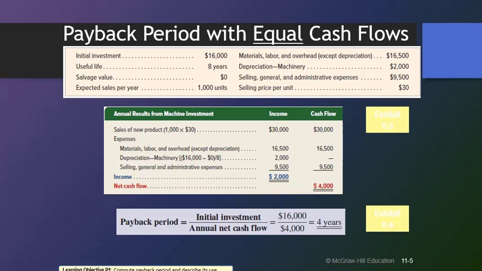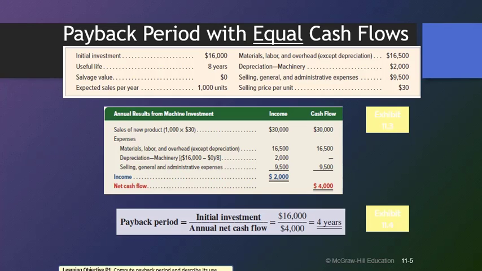Here we're looking at the payback period for an investment that's going to have equal cash flows. So the initial investment's going to be $16,000. This is for some sort of machine that we are buying to help this company with their operations. It's going to cost $16,000. We're going to use it for 8 years.